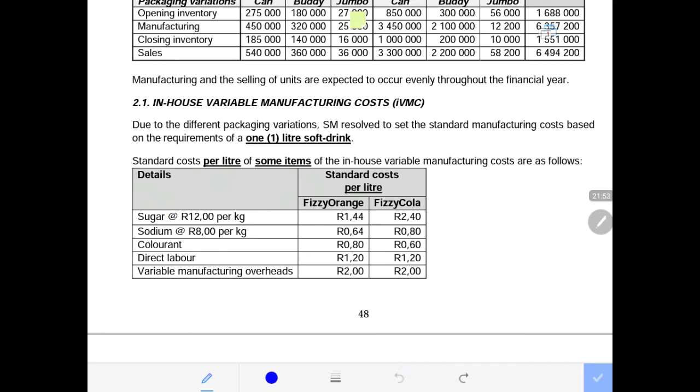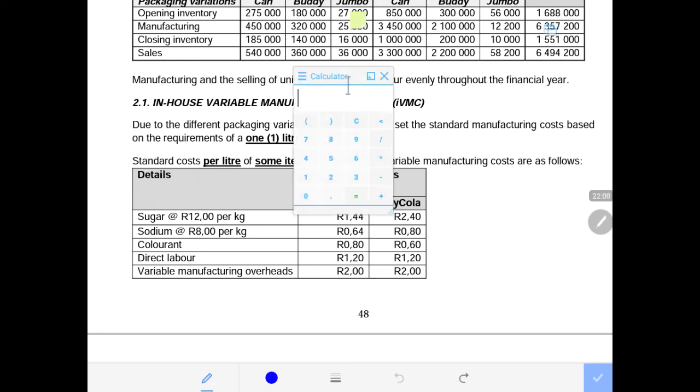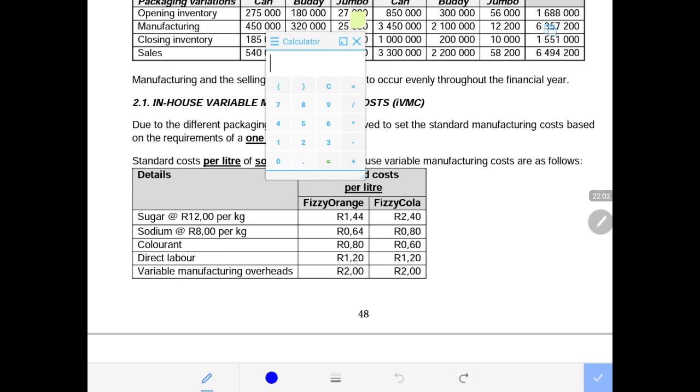Then we need to know how many kgs of sugar we need for 1 liter. How do we do that? We say R1.44 divided by 12 rand. By doing that, we'll realize that for fizzy orange, take note, this is for fizzy orange, we need 0.12 kgs of sugar for 1 liter, meaning every 1 liter we put 0.12 kgs of sugar.